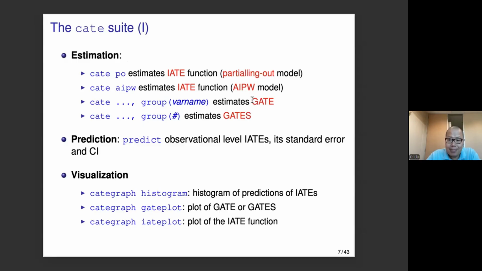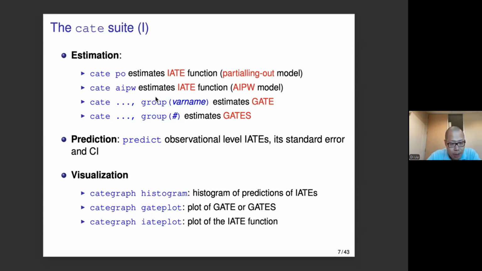For GATE, for group average treatment effects, we do the same thing as before, but we add an option called group, specifying the varname. Here, the varname is the variable name of the group. This command estimates the GATE. And finally, if you want to estimate the sorted group average treatment effects, instead of specifying a varname, you specify a number of groups. You're basically asking the data to divide itself into several groups, and these group indicators tell us the sorted groups for the CATE.